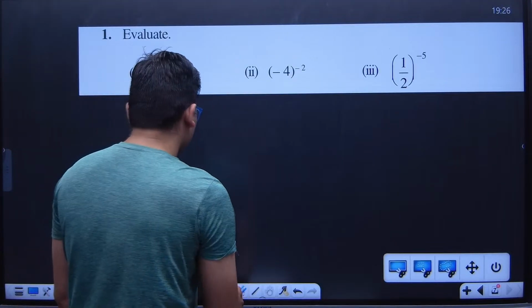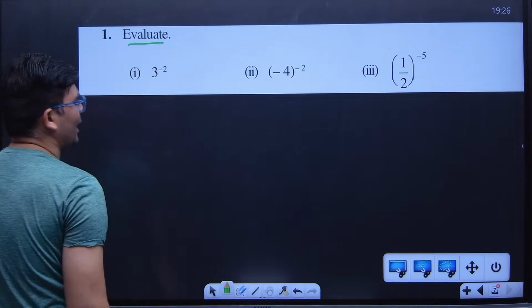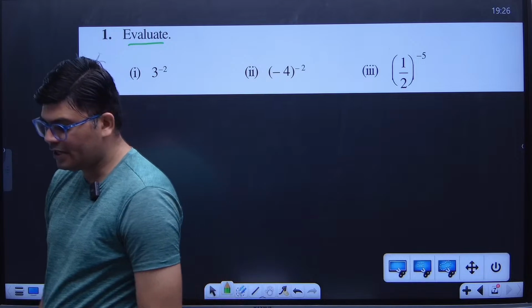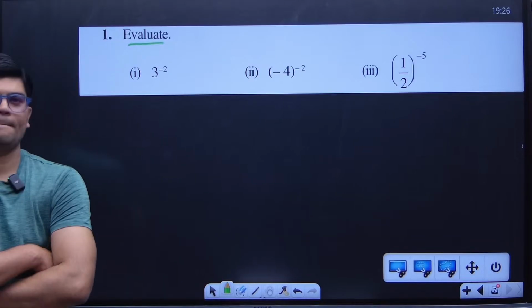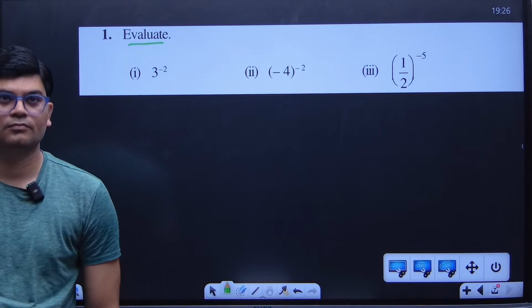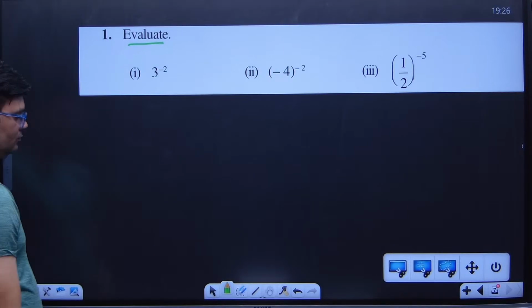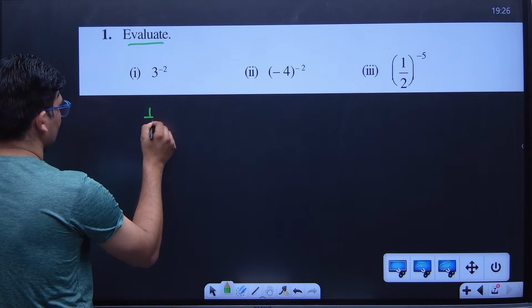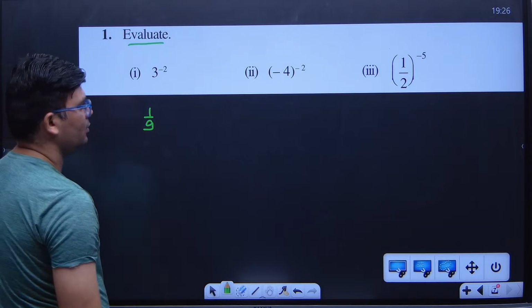Now tell me, when the question asks you to evaluate, evaluate means what? You have to tell me the value. So tell me the value. Sir, 3 to the power minus 2 is 1 by 9.